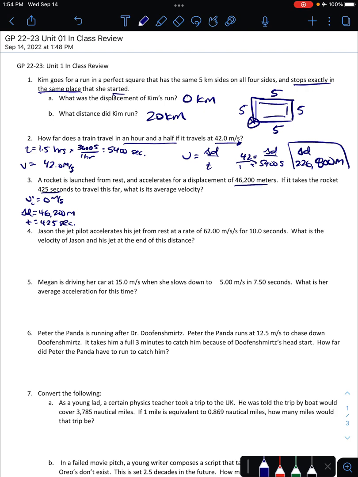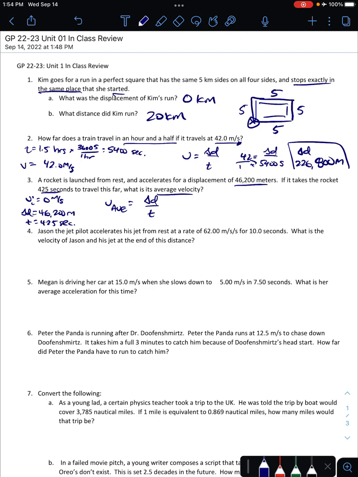Okay, so what we're going to do is we want to find average velocity. Well, we don't necessarily have to worry about it being at rest because remember, V average equals delta D over T. All right, so with V average being delta D over T, the initial velocity is nice, but it doesn't necessarily help us there.